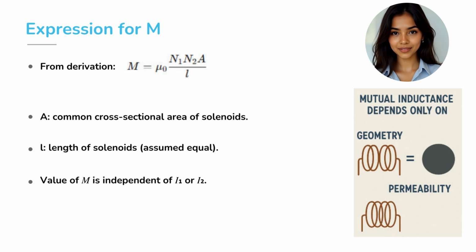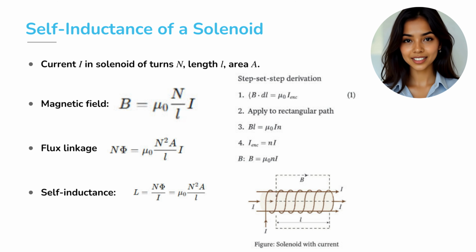Let's now look at the self-inductance of a single solenoid. Suppose the solenoid has N turns, length L and cross-sectional area A. A current I flowing through it produces a magnetic field inside, B equals mu naught multiplied by N divided by L multiplied by I. The flux linked with each turn is phi equals B times A, or mu naught N A I divided by L. So, the total flux linkage with all N turns is N phi equals mu naught N squared A I divided by L. And now for the punchline, self-inductance is flux linkage per unit current.